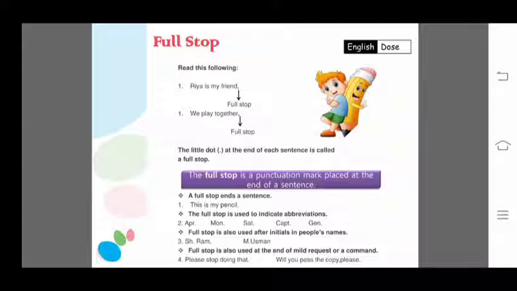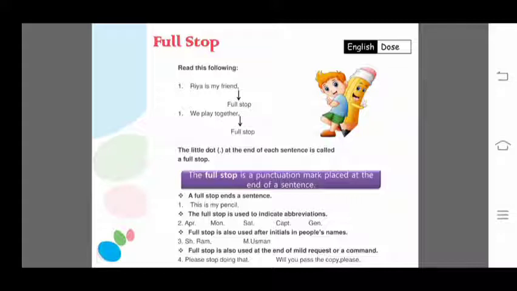And after friend, you can see a dot is placed. That dot is called a full stop in English. If that dot is not used in our writing, we may not get the meaning or the sense of our writing.